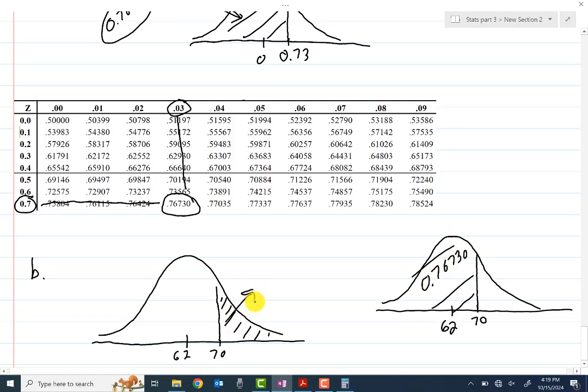Since the two of them combine total up to 100% of the data, I can get this piece by doing 1 minus 0.76730. So a little under 24% was that answer.